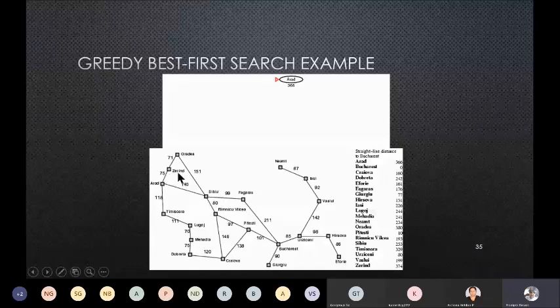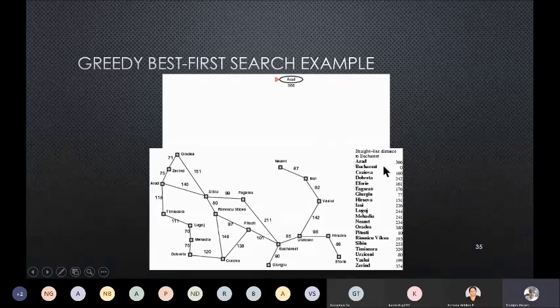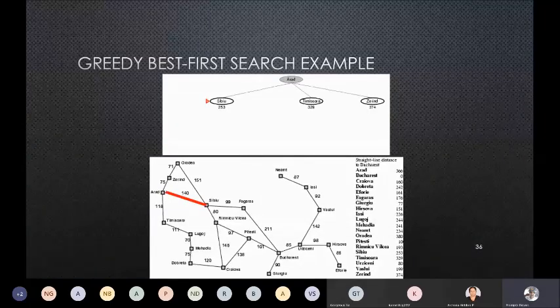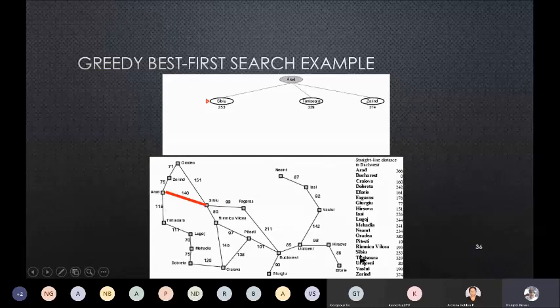There is another city called Zerind, I think. And on the right hand side, I can see for all these cities which one is closest to Bucharest. So the right hand table shows me that Sibiu is 253 kilometers from Bucharest, and this is nearest to Bucharest in terms of the straight line distance, right?